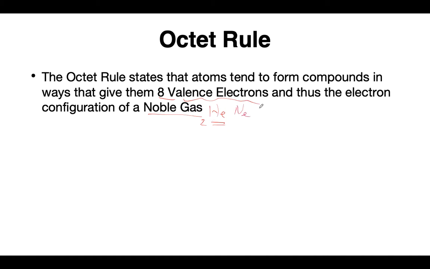You can see neon, argon, right? All the noble gas elements have only 8 electrons outside, so they are so stable that they normally don't react. They can exist as single atoms.